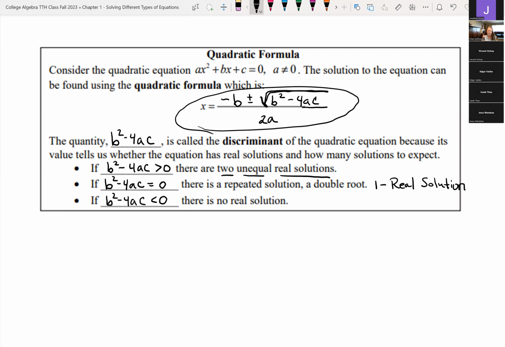Right now in this section, we're not looking at complex numbers as being part of our solution set, and so we would just say there's no real solution. So let's look at one example using the quadratic formula. Before we use the formula, let's see how many solutions we're going to get by using the discriminant.